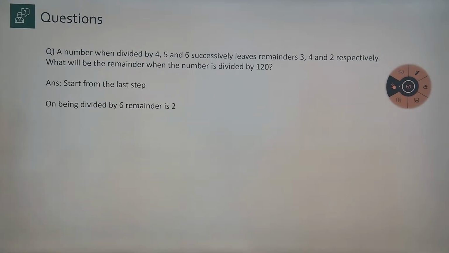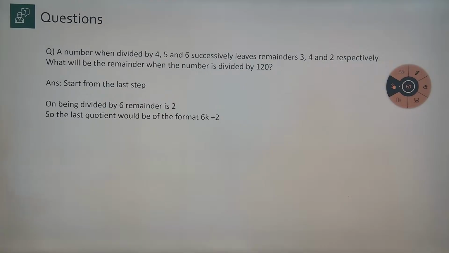Therefore, the last quotient before division by 6, or the dividend, would be 6k plus 2. When this is finally divided by 6, I'll get a remainder of 2. This will be the quotient of the previous division when I divided by 5.